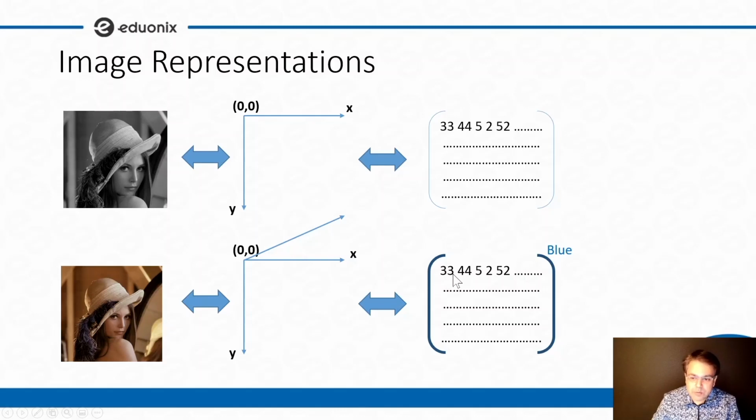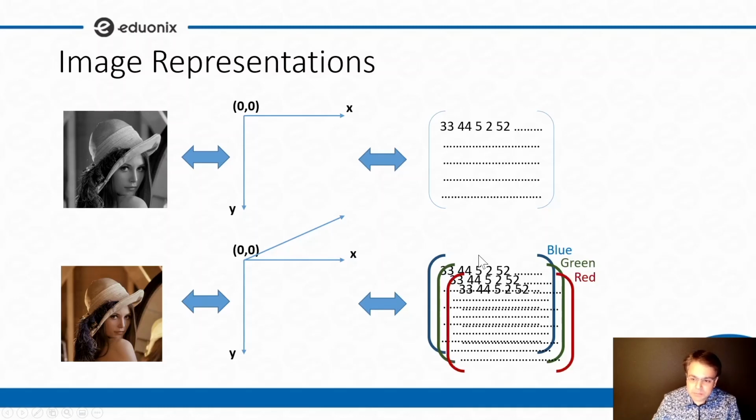But we have a value for each pixel for the blue color. We have another matrix with the values for green for each of these pixels. And then a third matrix, which has values for red for each of these pixels. So the ultimate color of each pixel is a combination of the value for blue, the value for green, and the value for red.